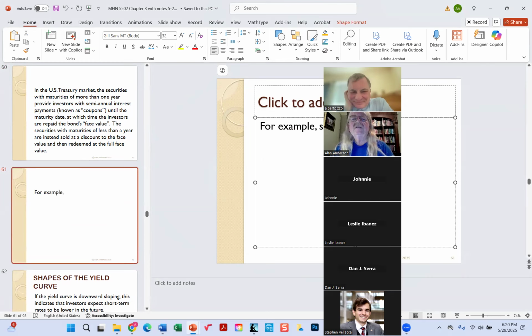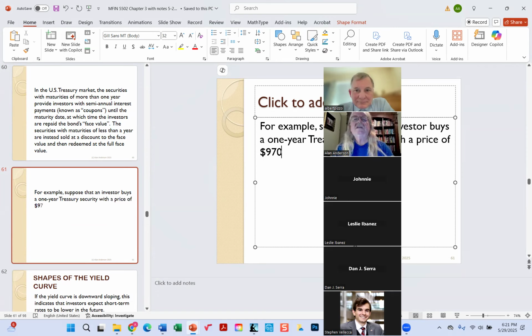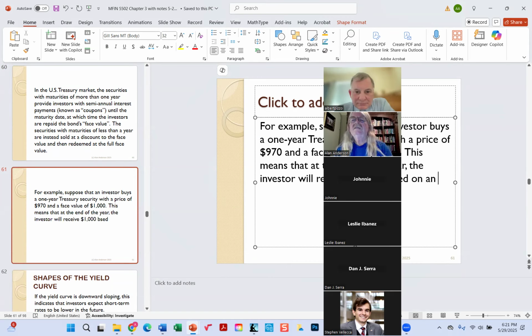Suppose that an investor buys a 1-year treasury with a price of 970 and a face value of 1,000. Okay, so this means that at the end of the year, the investor will receive $1,000 based on an investment of 970.